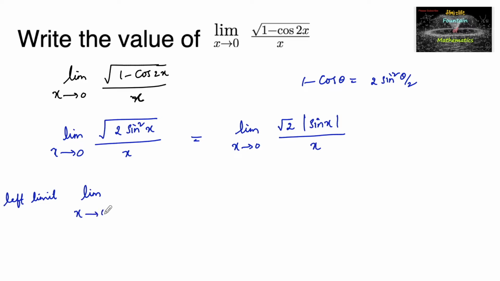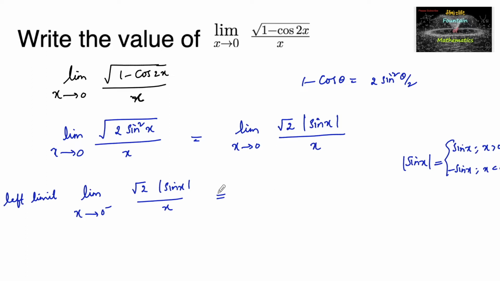Limit x tends to 0 minus root 2 mod of sin x upon x. Mod of sin x is equal to plus sin x when x is greater than 0 and negative sin x when x is less than 0.